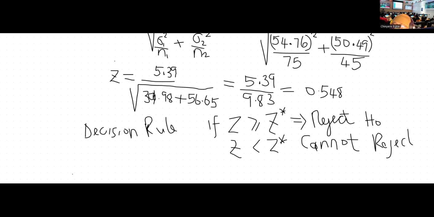So by not rejecting the null hypothesis, we say there is no significant difference between day shift and night shift in this particular problem. And you can follow this method to resolve all the problems that we have this week.